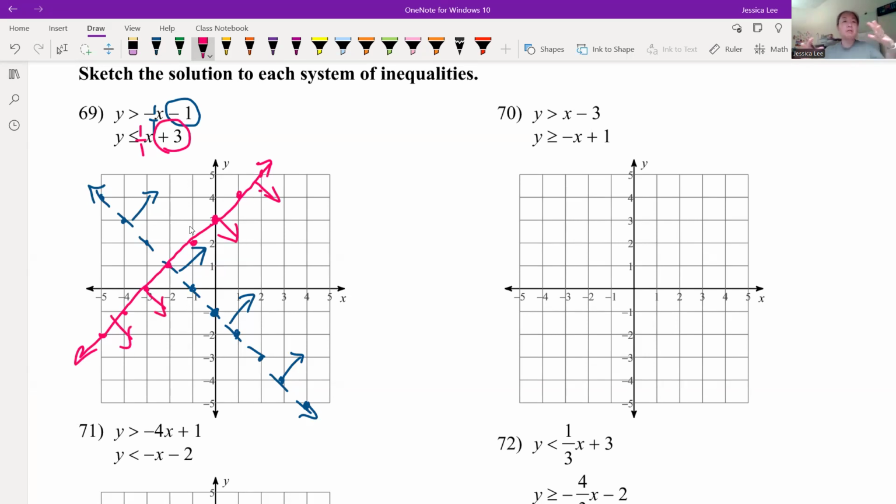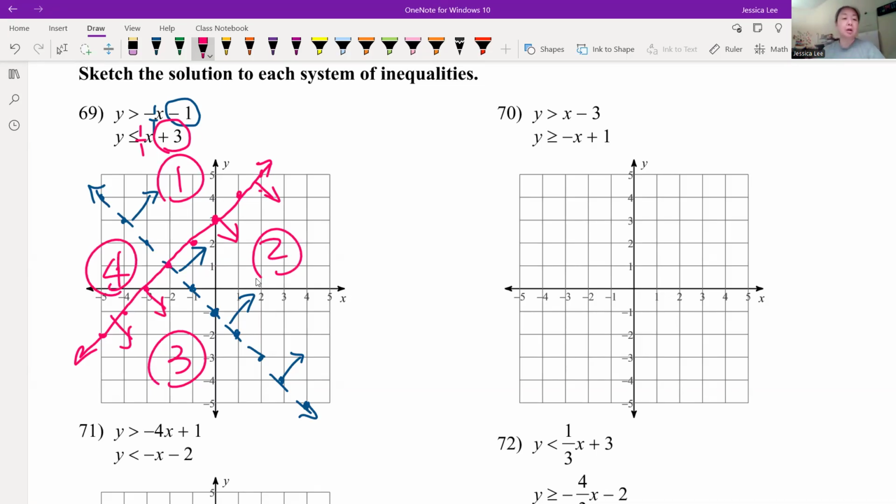So if you notice, where's everything pointing to? Let me just restate that. Do you see how there's an X there, right? And basically we just cut up the whole coordinate plane into 4 sections, right? You don't need to number these, I'm just showing you. We have section 1, 2, 3, and 4. And notice nothing is pointing to section 4. But where are both of them pointing to?